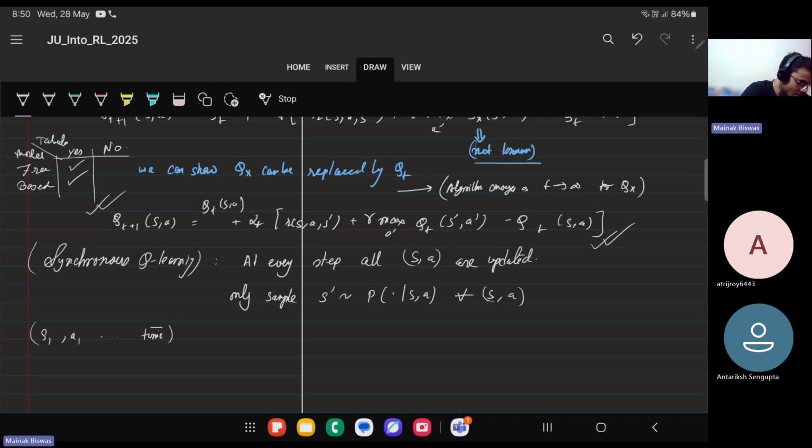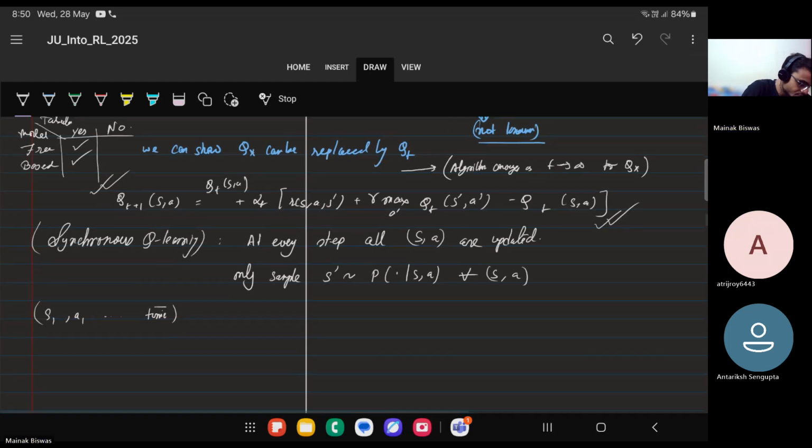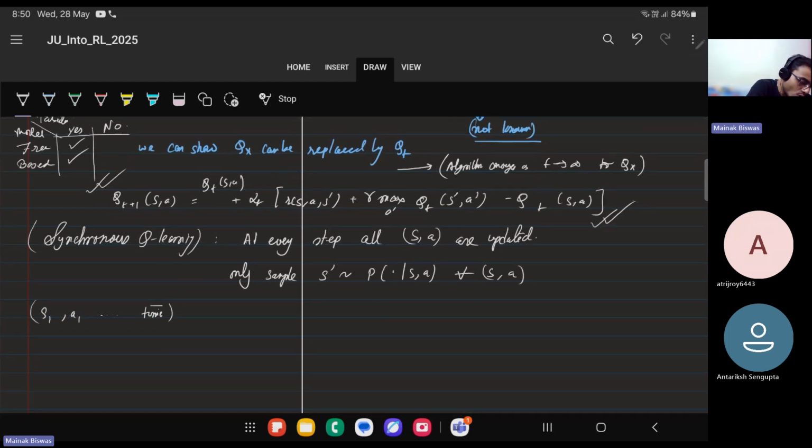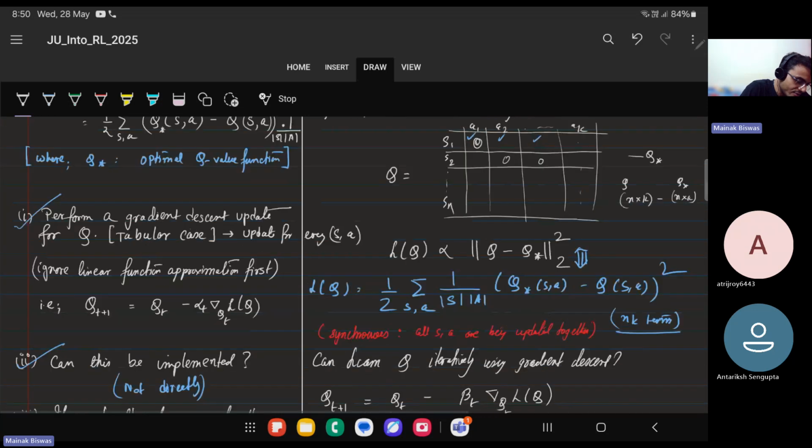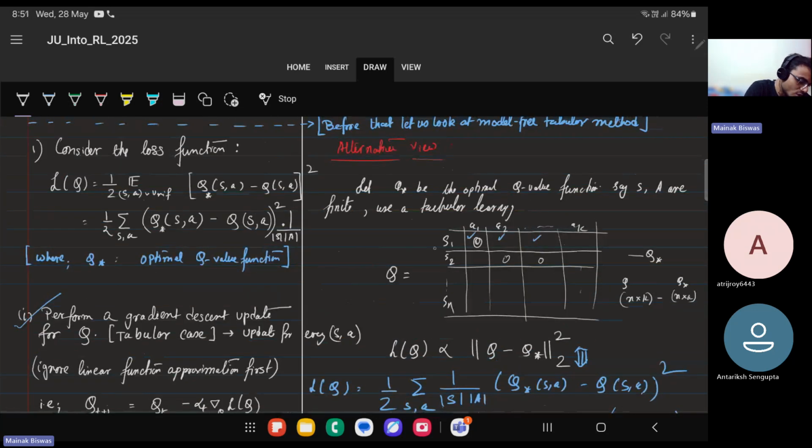This is done for all states and actions. Here as well, I have used s1 to sn. Please note, these are not time points for the Markov process.